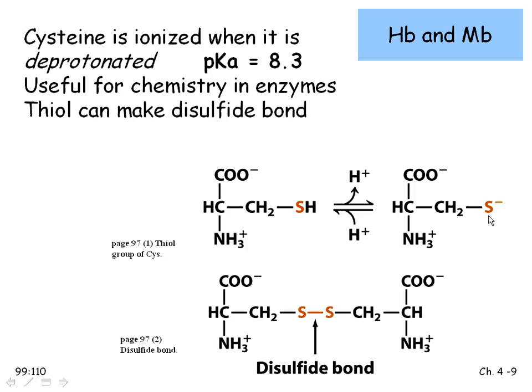So it's generally going to be protonated at pH 7, but enough of it is deprotonated, again, to be useful in enzymes. An additional trick that cysteine can do is it can form bonds to other cysteines. This is called a disulfide bond. So instead of a bond to the hydrogen, here's a bond to another sulfur. And as you can imagine, when you have that kind of a disulfide bridge, you are going to tie together parts of a protein or tie together two different proteins.